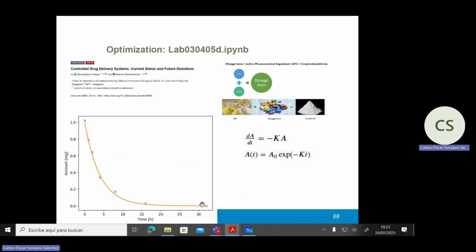After a given time, nothing is left because you have absorbed everything. And then you have different observations of it. Then you define that the amount that is left behaves in this way, and I need to find what is the parameter K. Using least squares, you can find the appropriate K.